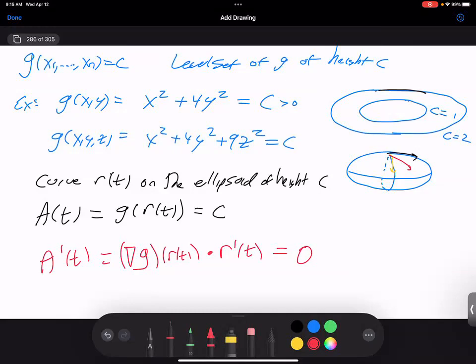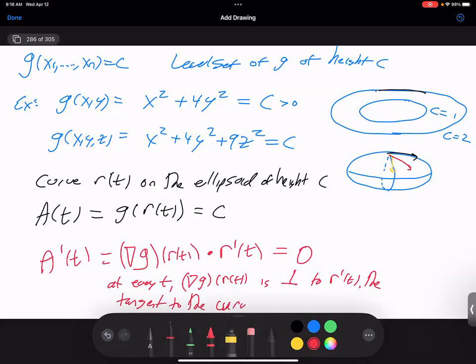What this is telling us is that at every t, the gradient of g at r of t is perpendicular to r prime of t, which is the tangent to the curve r of t at t. So the gradient of g is the normal direction.